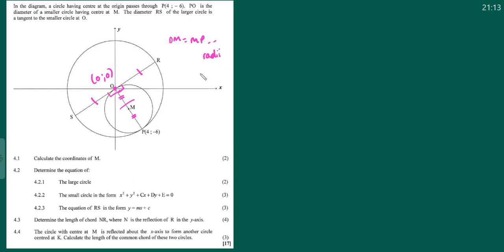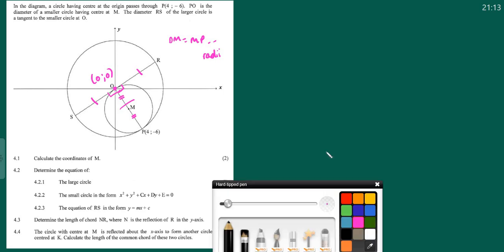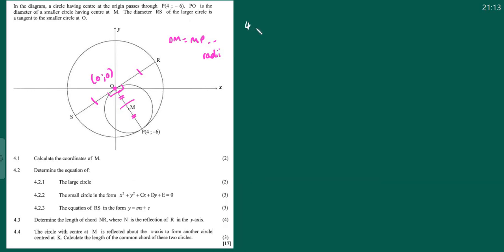Yes, radii. So they want the coordinates of M, right? It means M is the midpoint, right? So if it's the midpoint, you should be reminded of the midpoint formula. So we can say M will be equal to the x coordinate of O plus the x coordinate of P over 2, the y coordinate of O plus the y coordinate of P over 2.